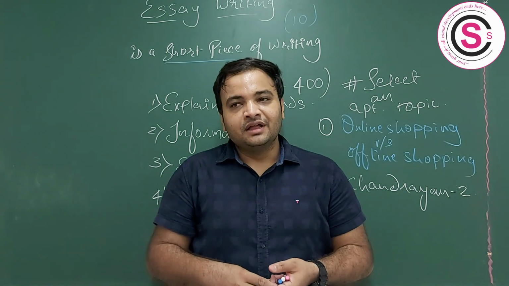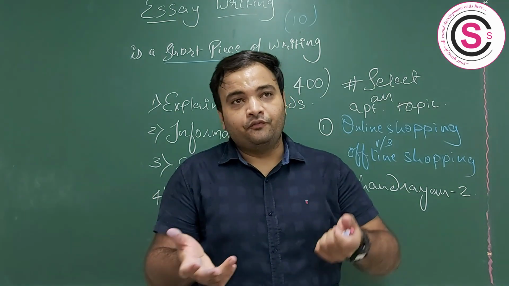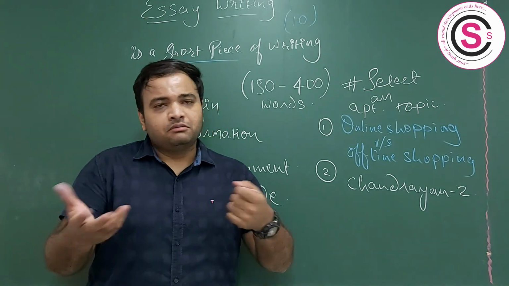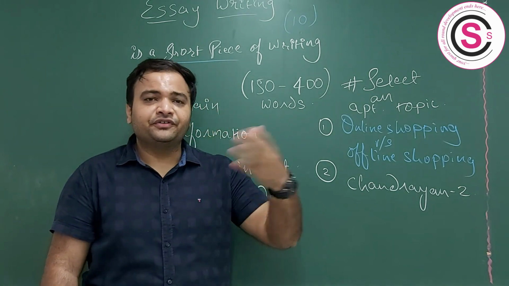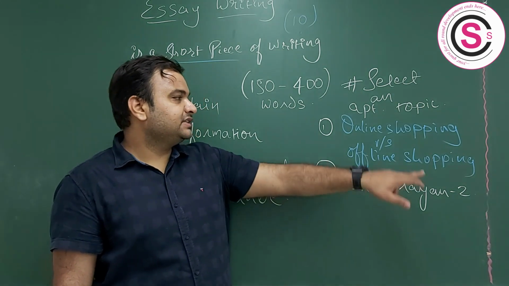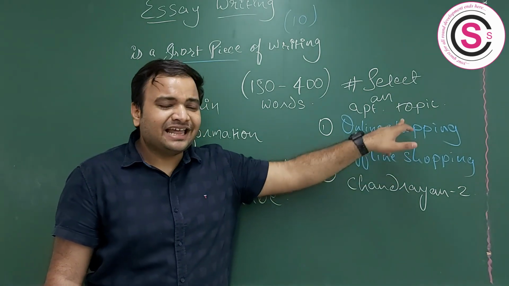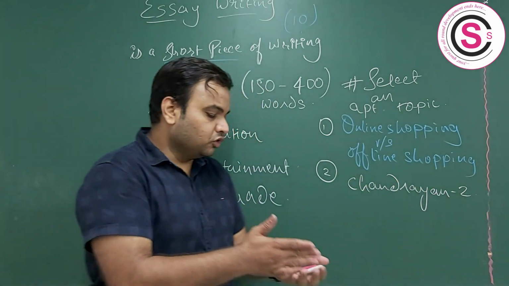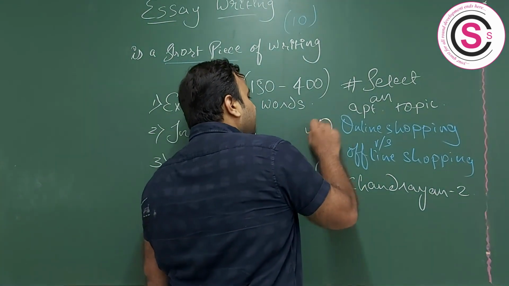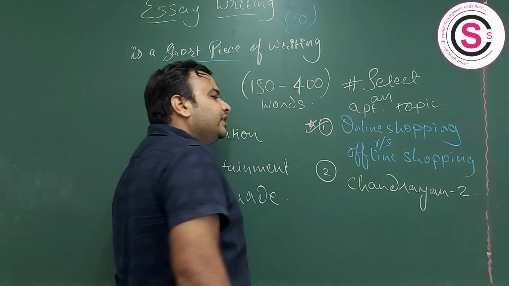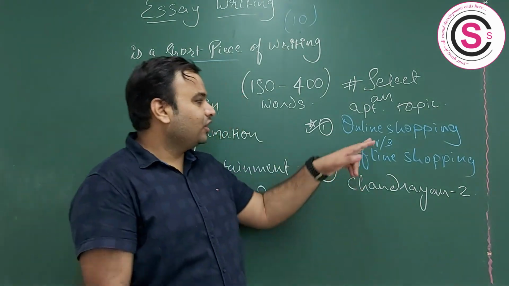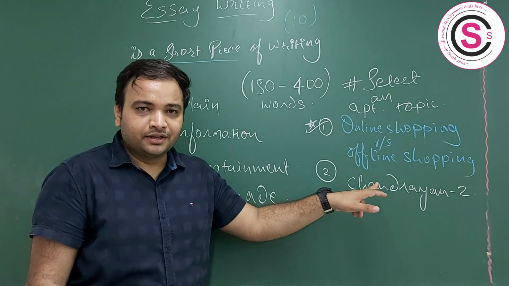Few of you might know many details about Chandrayaan 2, but that depends on the person. So I would say select the topic about which you are very confident. Most of the students will go with online shopping versus offline shopping. So that is how you are going to choose the topic, right?